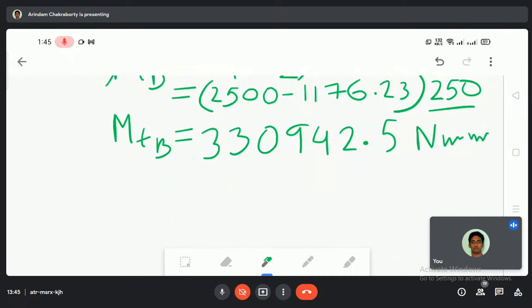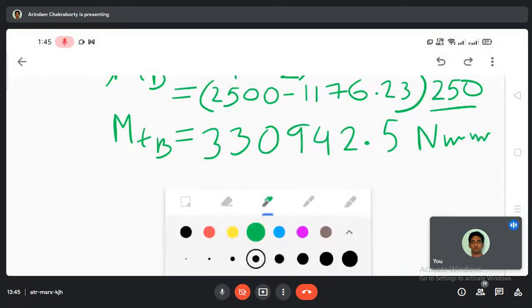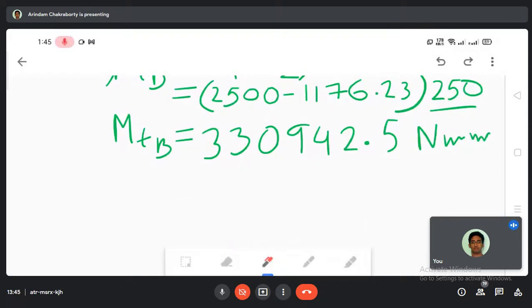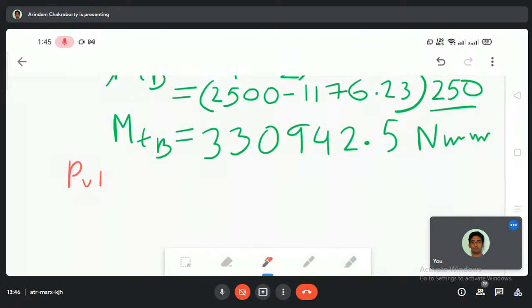that if we consider pulley B, the pulley B is entirely complete. You don't have to do any more calculation. Now the other calculations are there, but for now we don't have any other calculation. Now we have to go for pulley C. What else we know about pulley C?